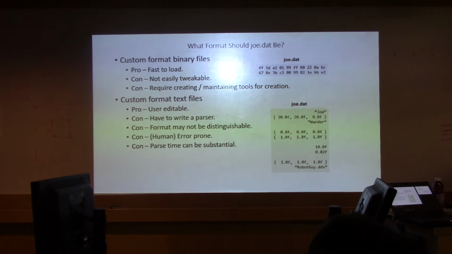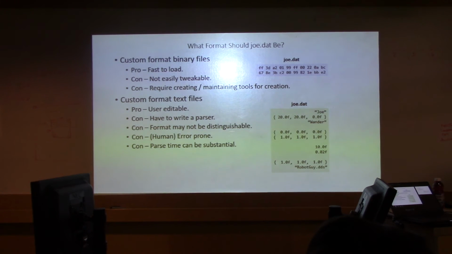We could do it in a binary format. We could have some tool like Blueprints that we go in and edit all the fields, and then we click a button and it exports some data file that the game recognizes. That's what I call a custom format binary file.